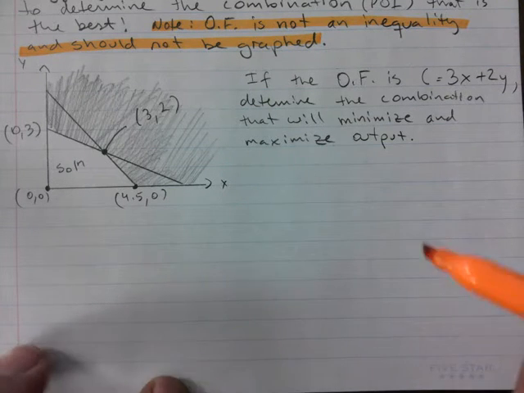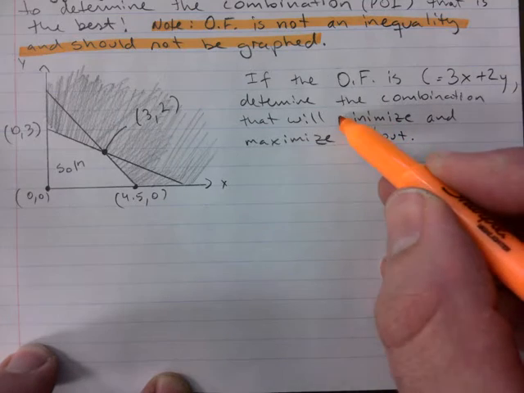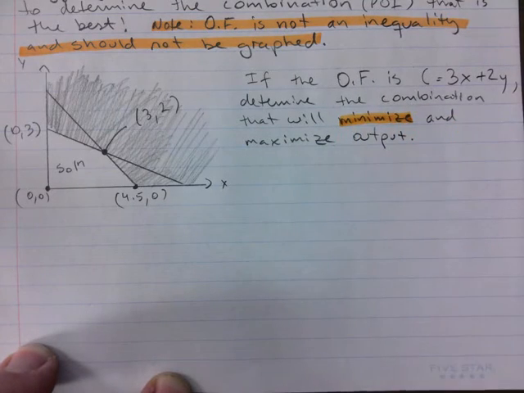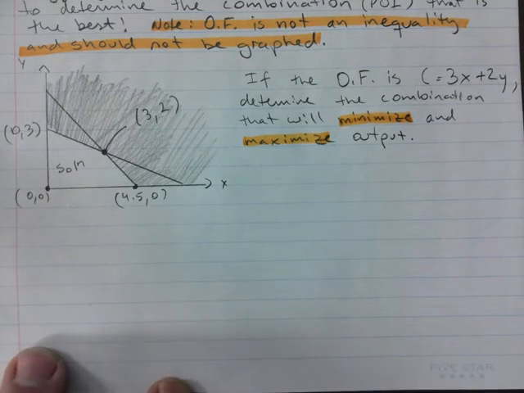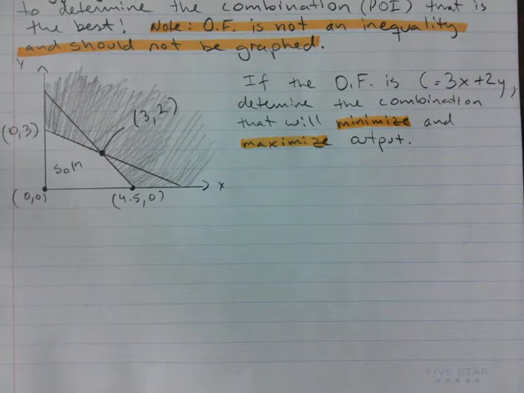Notice that we want a point that will give you the smallest outcome, and we want a combination that will give you the greatest outcome. So this question is actually asking you to do two things, but it can all be done doing the same steps.